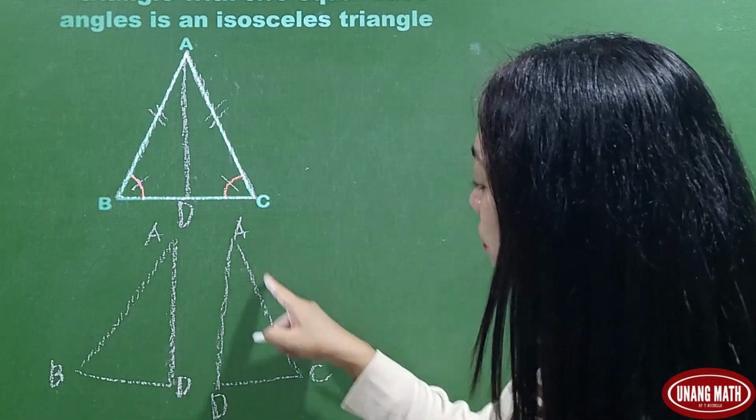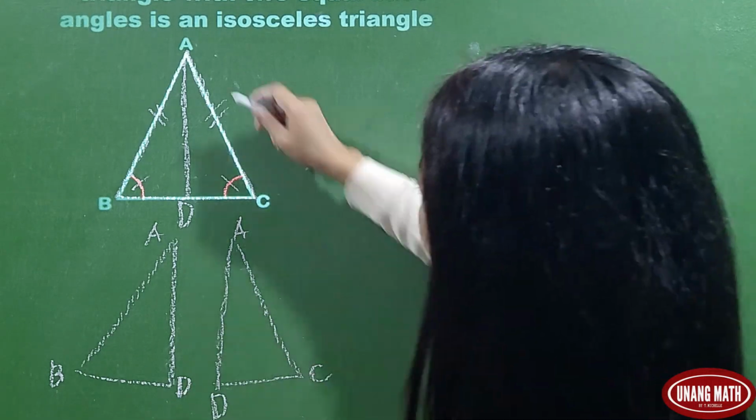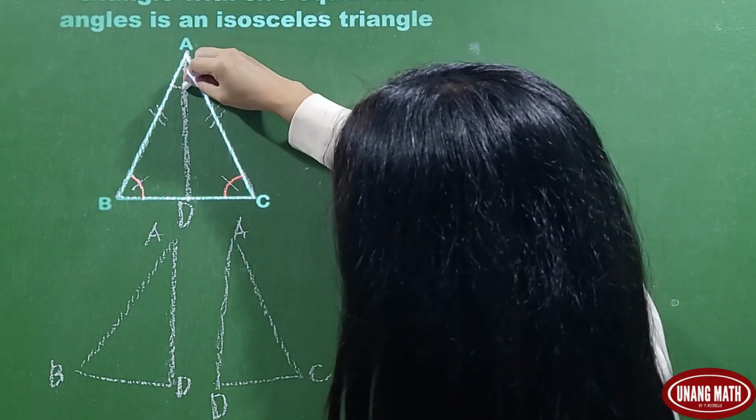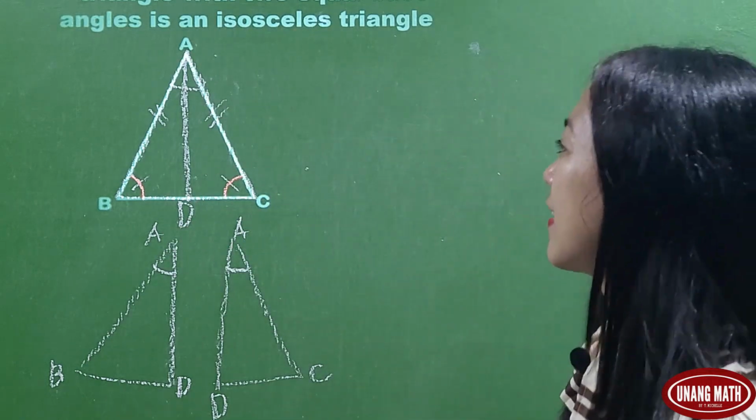Triangle ABD and triangle ACD are congruent triangles. Since this is a bisector, this angle is equal to this angle, and this angle is equal to this angle.